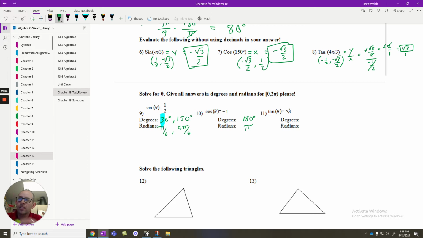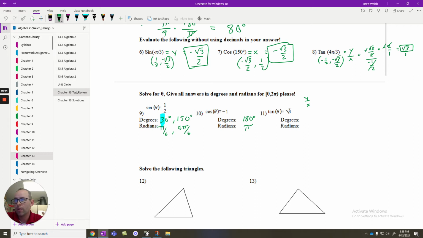The last one is tangent equals root 3. Now, hopefully you took some time and you worked on your circle and you made it better by putting things like the tangents on there, but the fact that the tangent is root 3 tells me that my x and my y, remember this is y over x, somebody's got to have a root 3 in the problem to begin with.